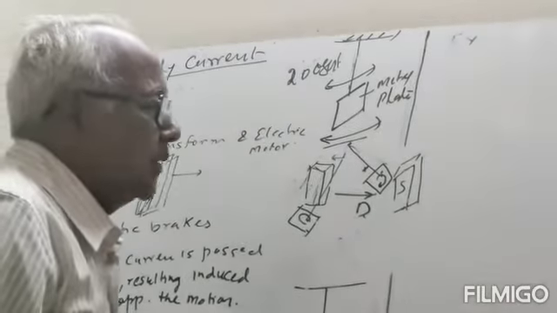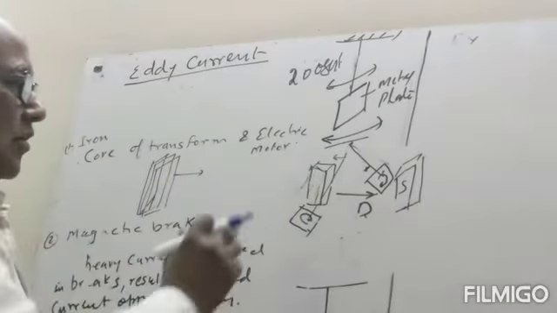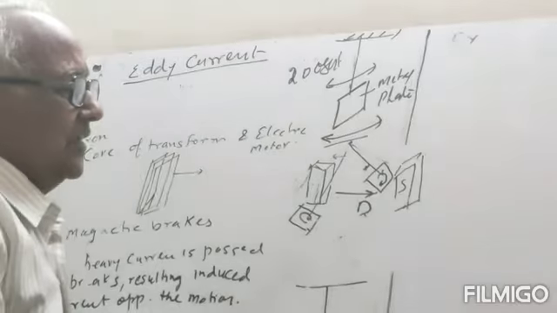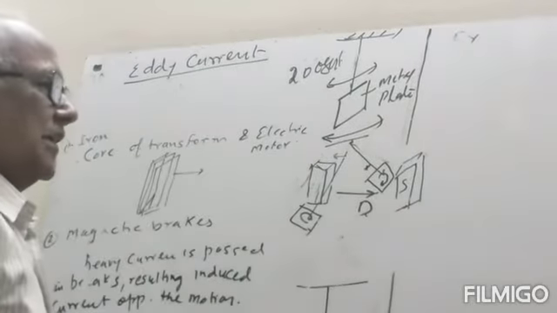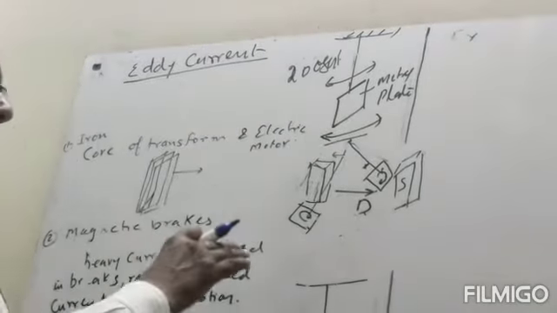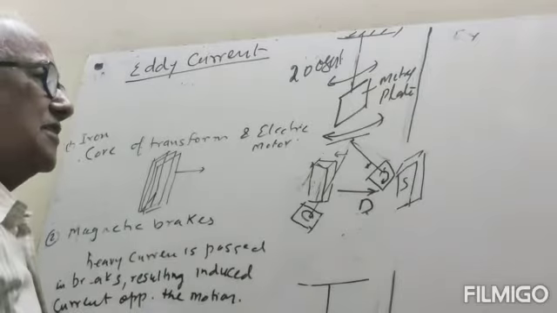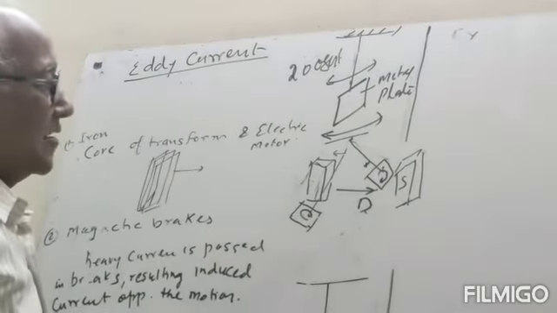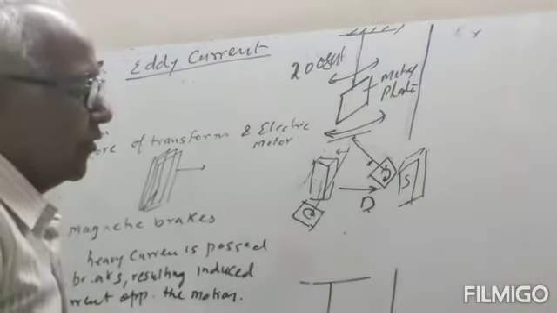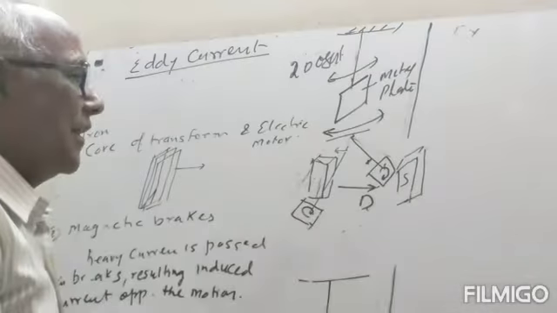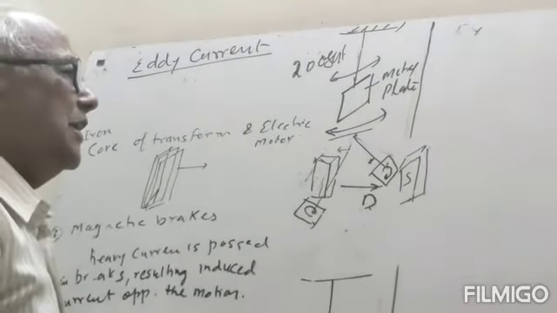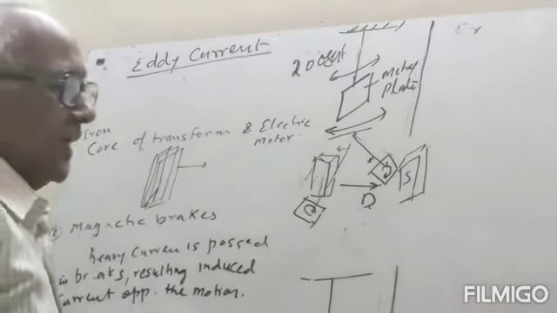Now, how to explain it? When the magnetic field is there and we oscillate it, the oscillations stop after 5 or 6 oscillations. Why does it happen? We can explain it with the help of eddy currents.